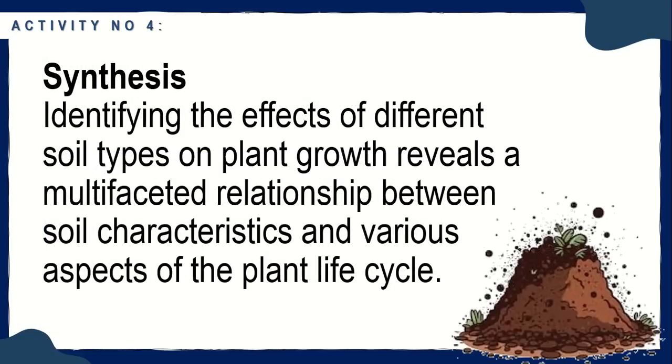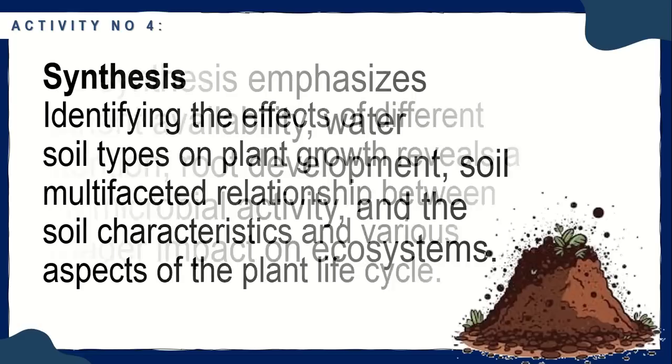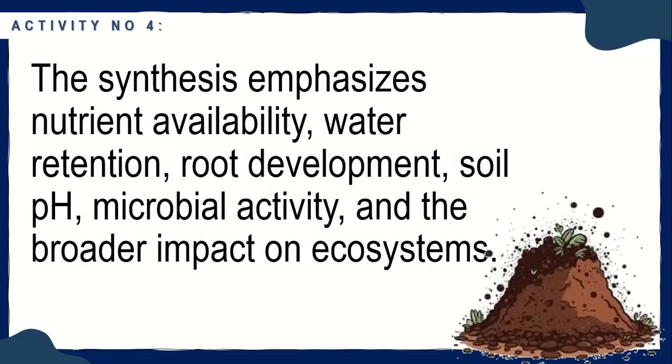For the synthesis, identifying the effects of different soil types on plant growth reveals a multifaceted relationship between soil characteristics and various aspects of the plant life cycle. The synthesis emphasizes nutrient availability, water retention, root development, soil pH, microbial activity, and the broader impact on ecosystems.